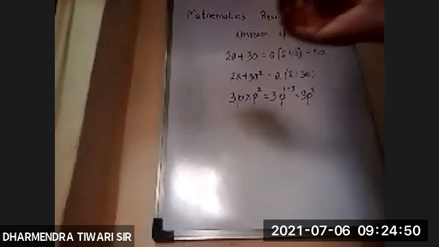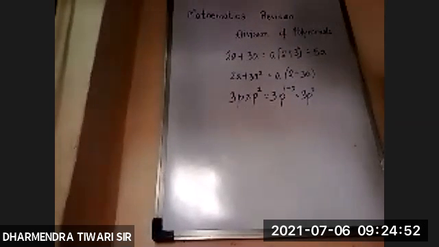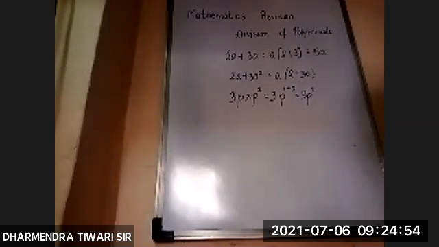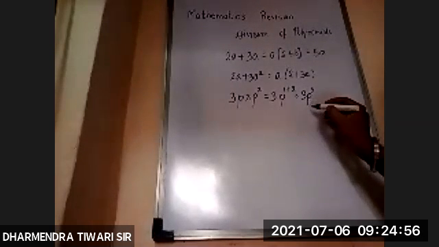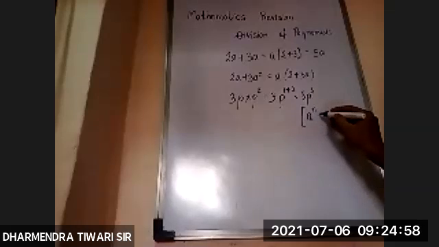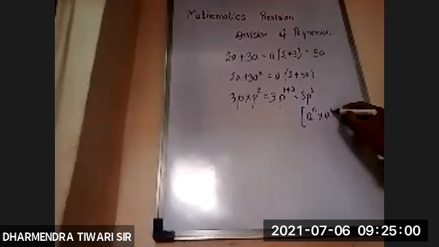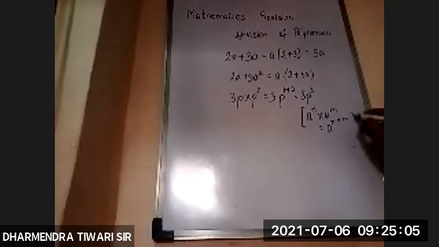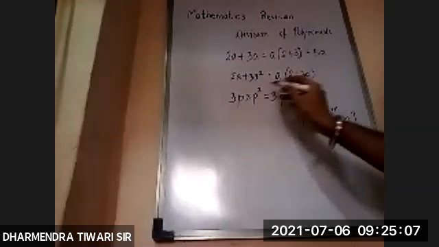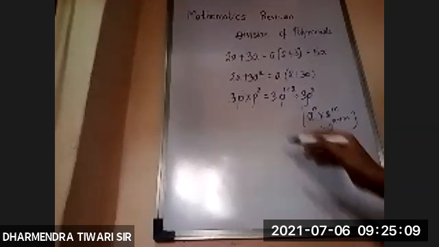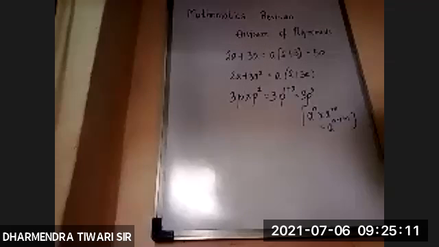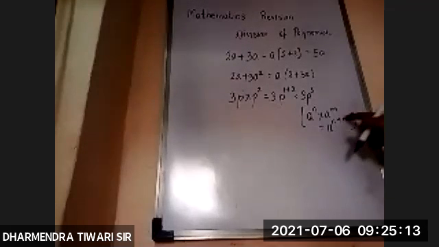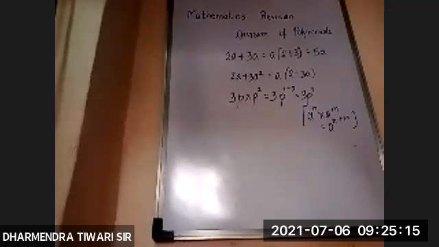If you want to recollect, we can write this as a raised to n into a raised to m. The answer is, since the base is the same, a raised to n plus m. This is the reason behind this. Here the power was 1, so we have written p raised to n plus m, that is 1 plus 2. So the answer is 3 into p raised to 3.